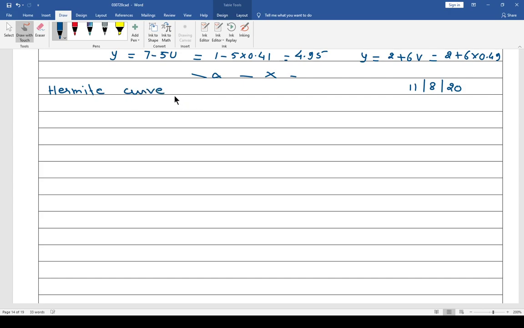There will be some questions on Hermite and Bezier curve. First we'll start with the Hermite curve. We have a detailed numerical on Hermite curve.